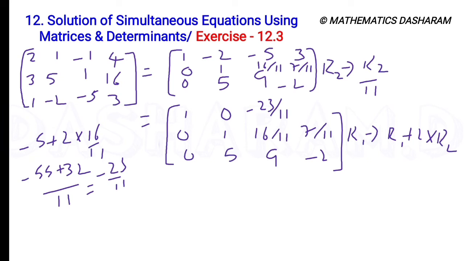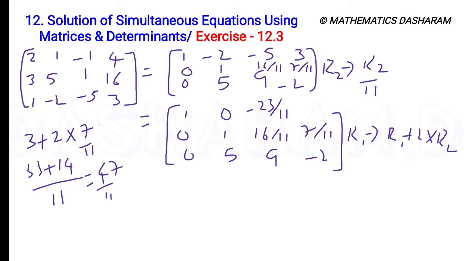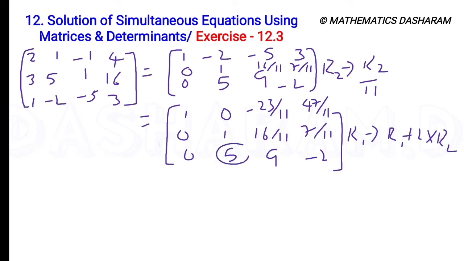Next, in R1, 3 plus 2 into 7 by 11. 11 is the LCM: 11 times 3 is 33, 2 sevens are 14, 33 plus 14 is 47. So 47 by 11. Next, 0 is required at this place.